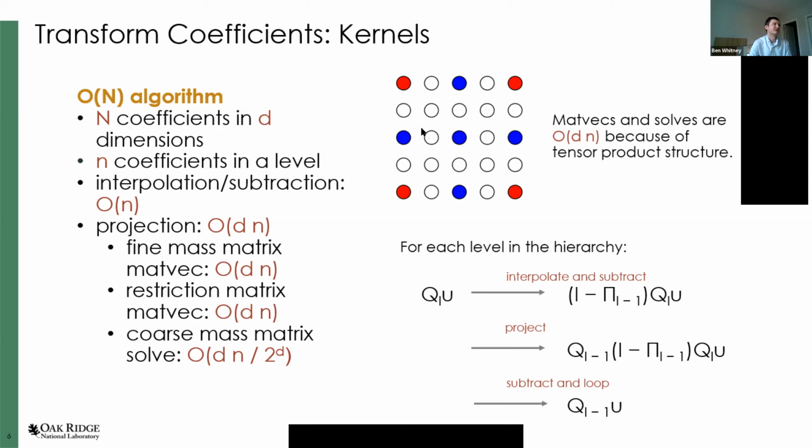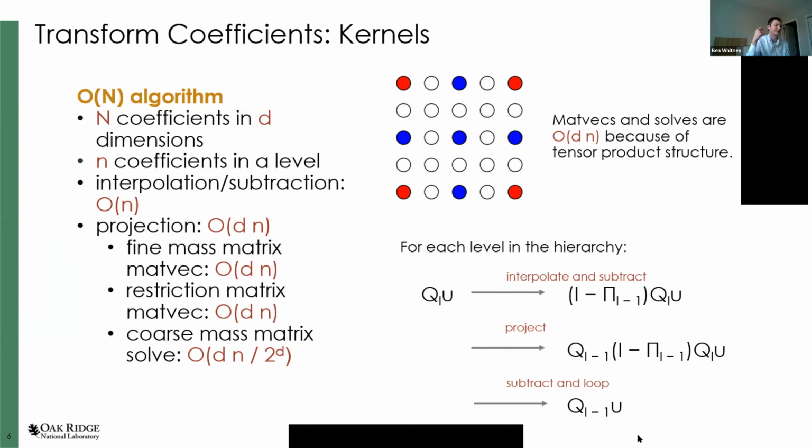So here that would be defined by values on the red and blue nodes. We then temporarily forget about the values on the blue nodes, take the values on the red nodes, interpolate onto the blue nodes, and then subtract. So this object here defines our transform coefficients for level L. Then there's a sequence of steps, which I'll skip for time, that lets us go from those transform coefficients down to the L2 projection onto the level below.